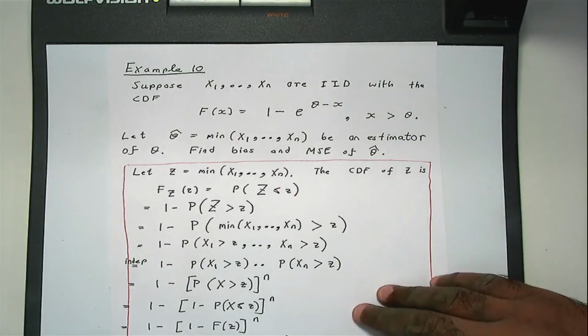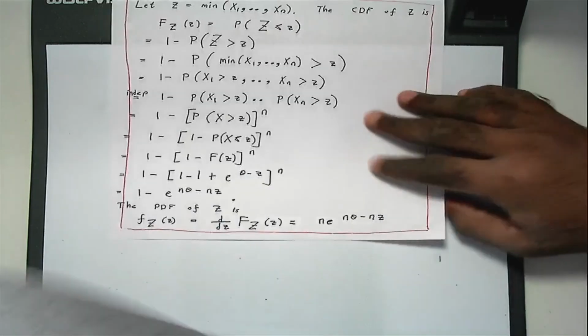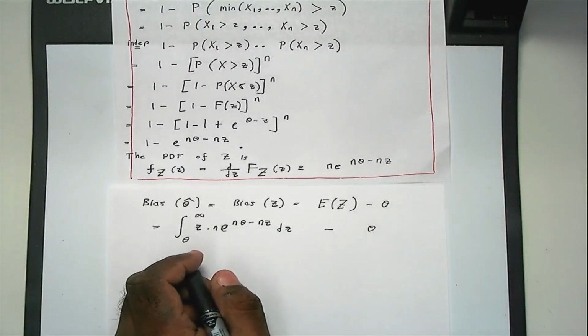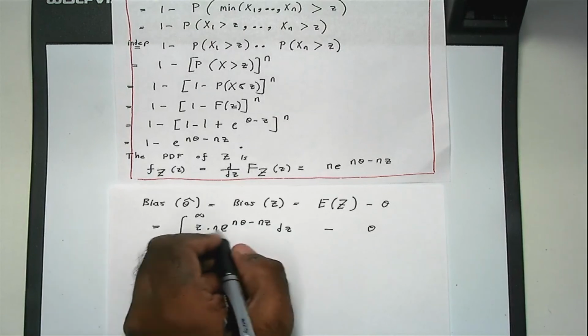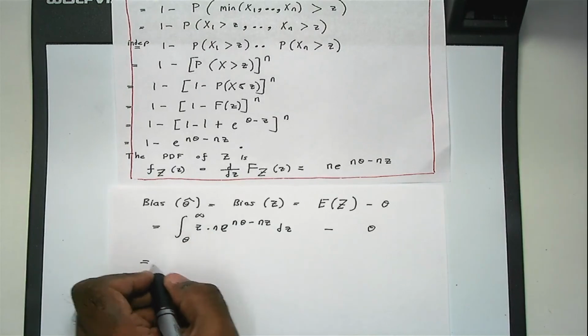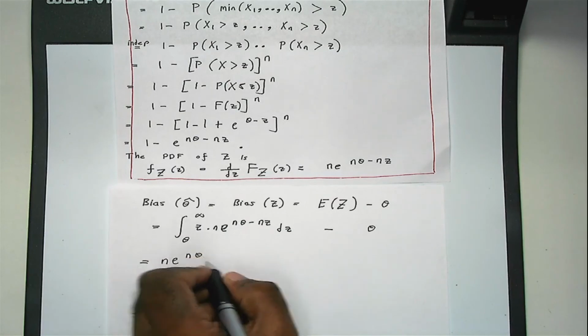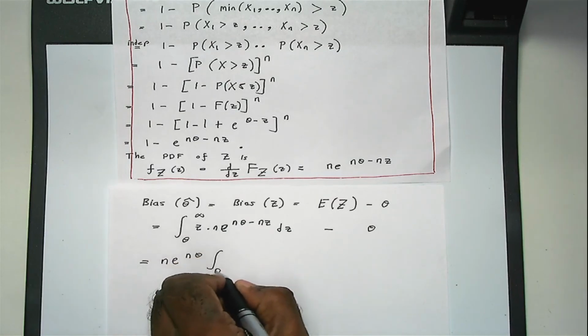Right, so let's return to over here. Pulling out the constants, you have the integral from theta to infinity of z.